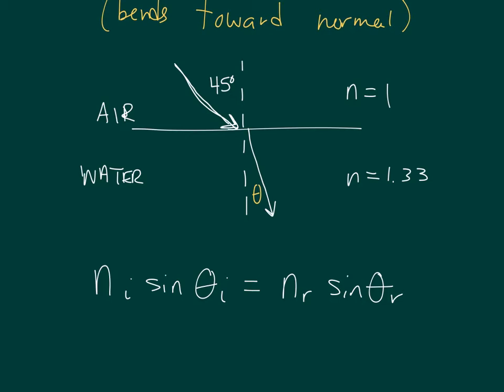Some students have been thinking of I as initial. That's fine. And R is refracted, but you can think of that as the second material if you want. So I is like the first material, R is the second material. If you want to use 1 and 2, or I and F, that's fine also.